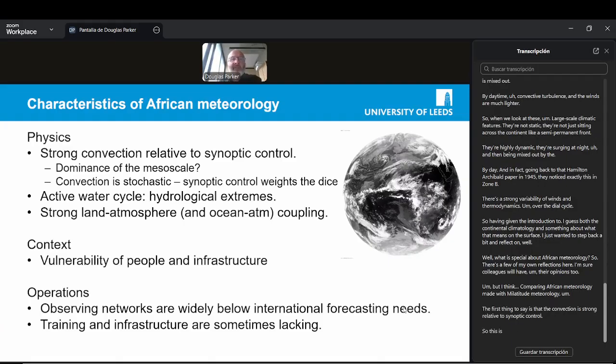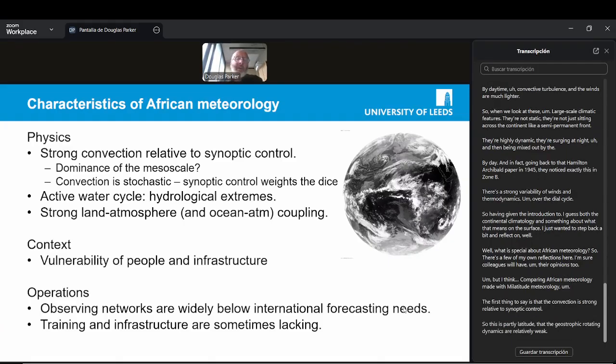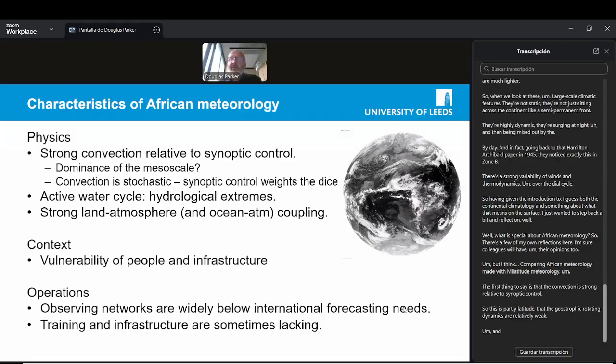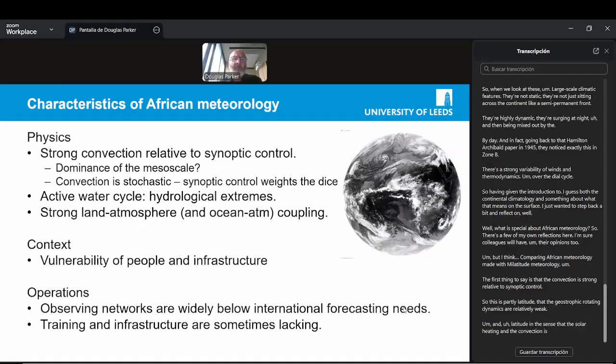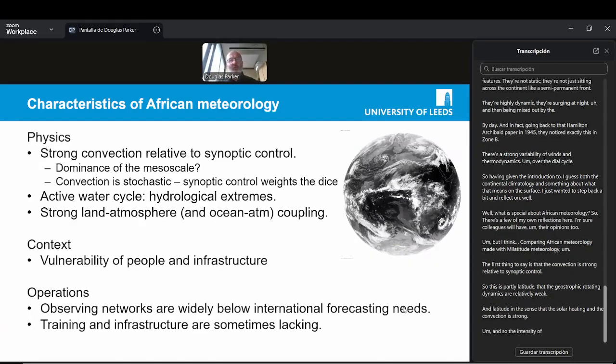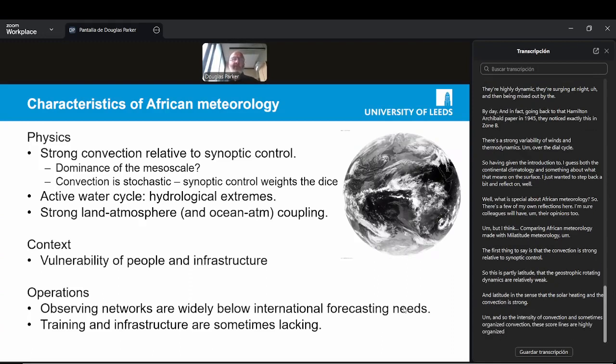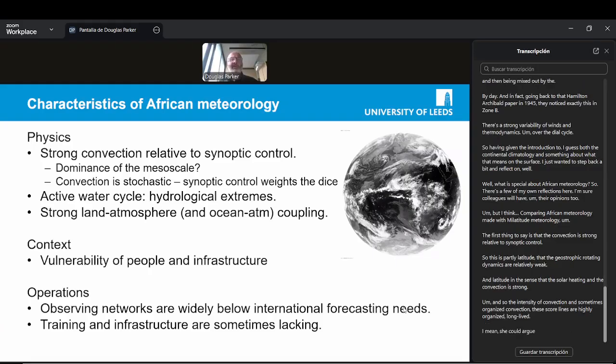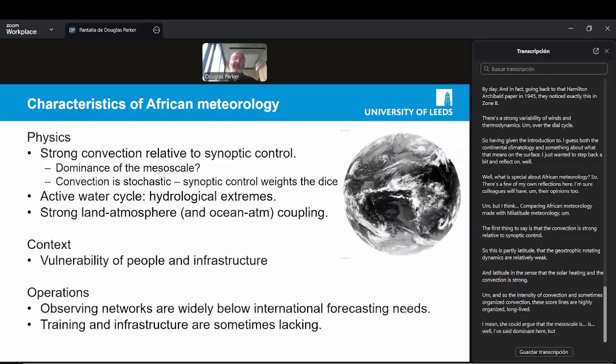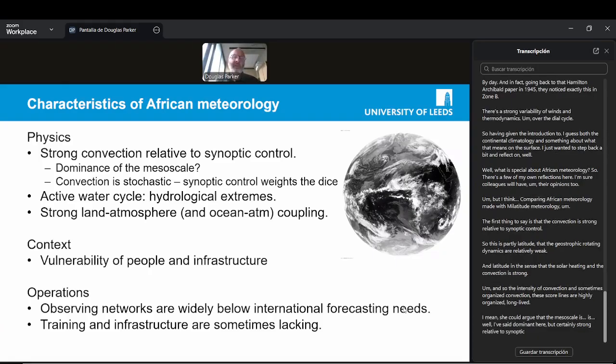So this is partly latitude, in the sense that the geostrophic rotating dynamics are relatively weak, and the solar heating and the convection is strong. And so the intensity of convection, and sometimes organized convection, these squall lines that are highly organized and long-lived, means you could argue that the mesoscale is not, well, I've said dominant here, but certainly strong relative to synoptic drivers.